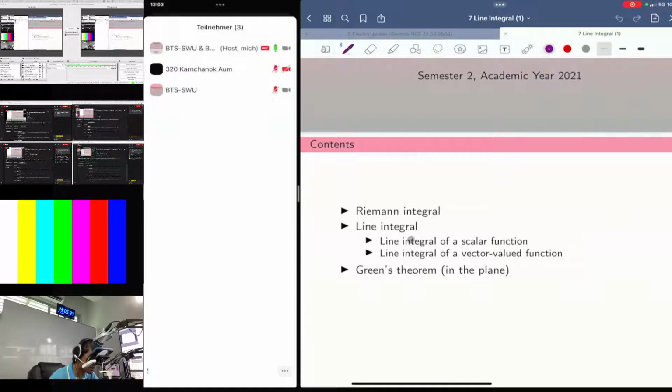The line integral can be classified into two versions. The first version is for a scalar function. You know the different types of functions, right? The first one is the scalar function, the second one is the vector function, and we also have the line integral for the vector value function.